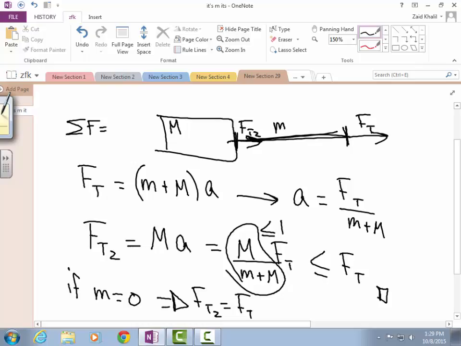Any questions? This is a really good time to ask questions, because you're seeing a lot of important theoretical things going on here. Why massless strings? Because if it had mass, what would happen? The force of tension would decline along the string. Why must the force of tension decline? How would you physically interpret this?